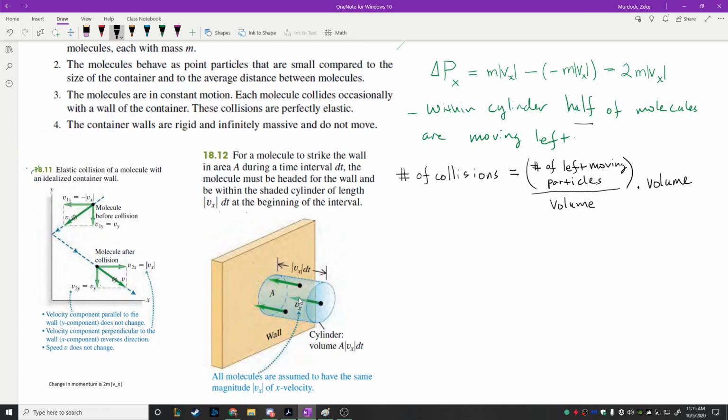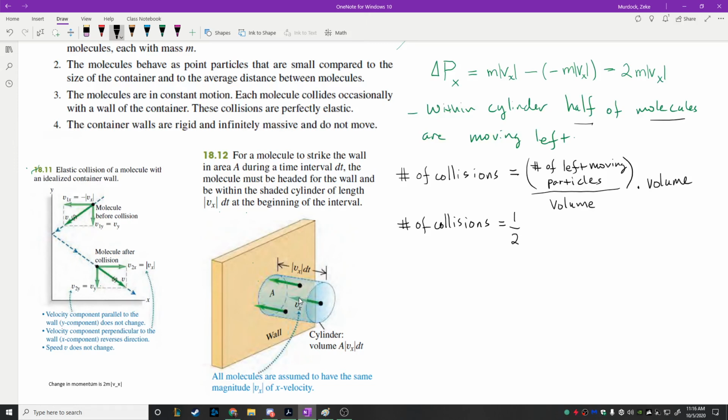And we're going to say half are moving left. All right? So that means that the number of collisions that we're going to see is going to be equal to half of the particles move left.